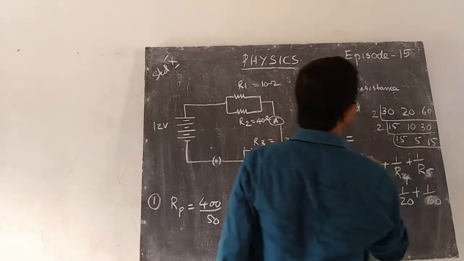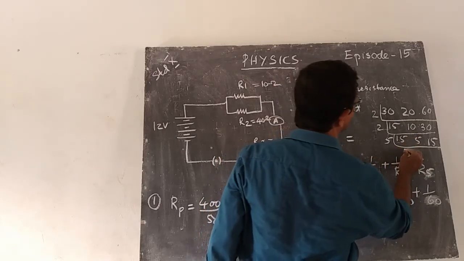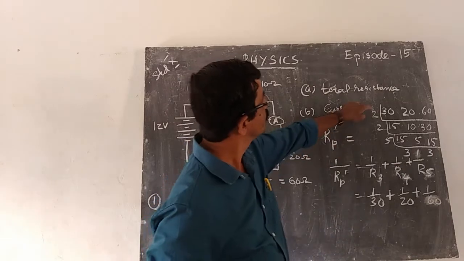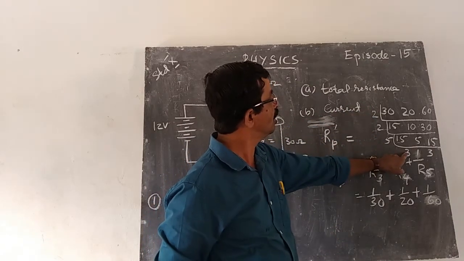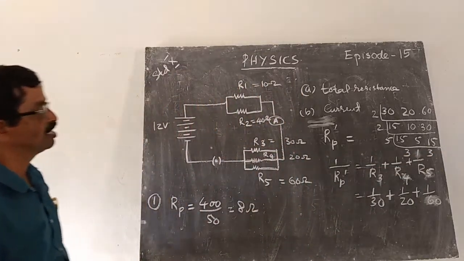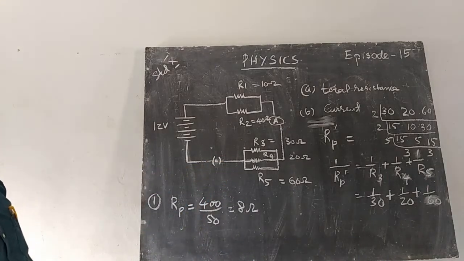Now we can divide by 5 or 3, giving 3, 1, 3. Now 2 times 2 is 4, 4 times 5 is 20, 20 into 3 is 60, 60 into 3 is 180. The LCM of these three will come as one.